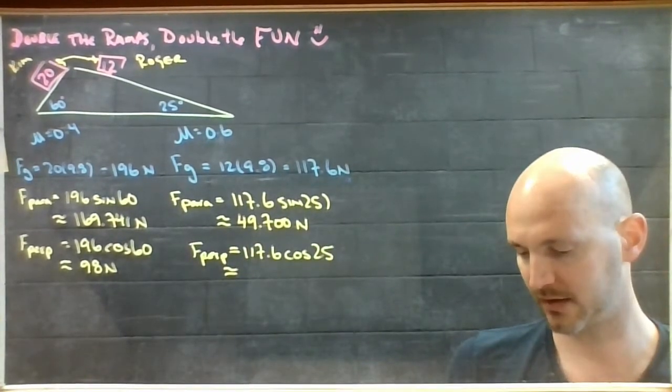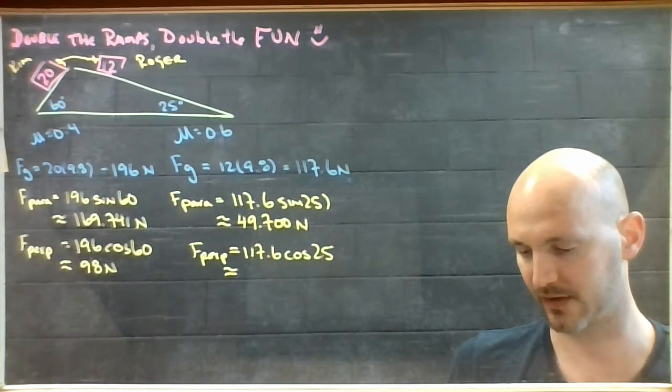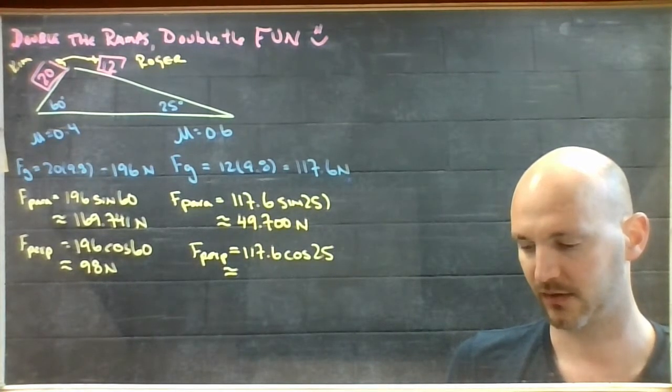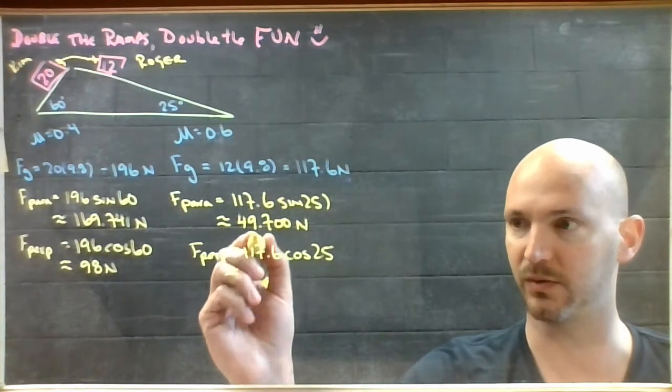And 117.6 times cosine of 25 gives me 106.582.